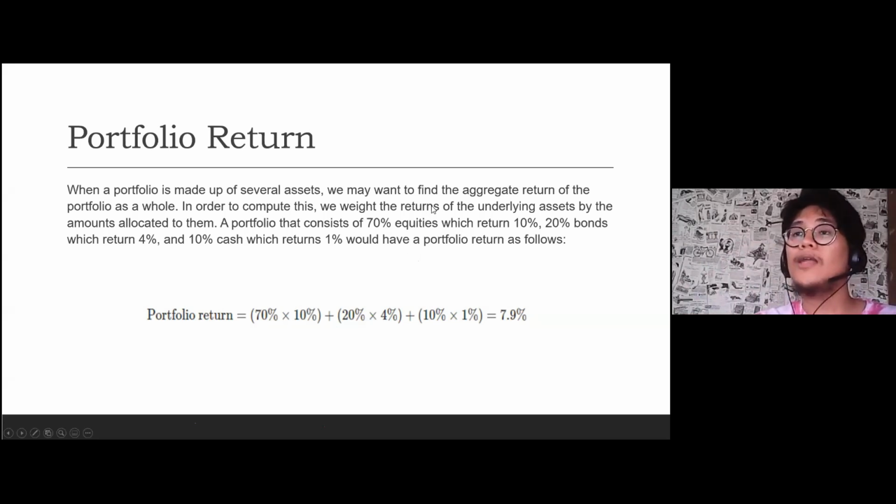The example here is 70% of equities which has a return of 10%, 20% of bonds which has a return of 4%, and 10% of cash which has a return of 1%. To get the aggregate portfolio return, you just add everything. After you multiply the percentage of return to the asset, you add everything to obtain your aggregate portfolio return. Okay?